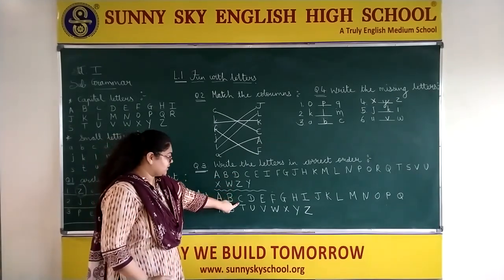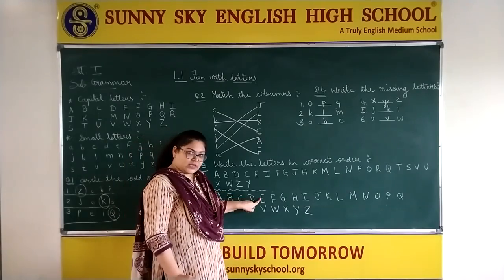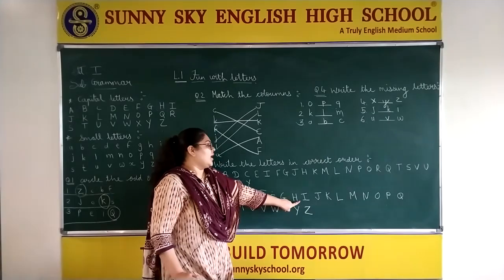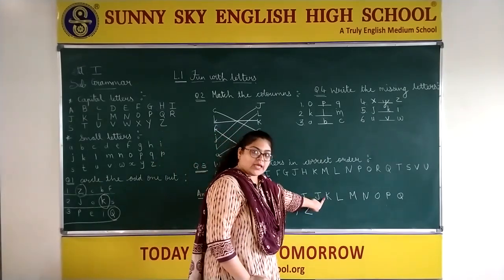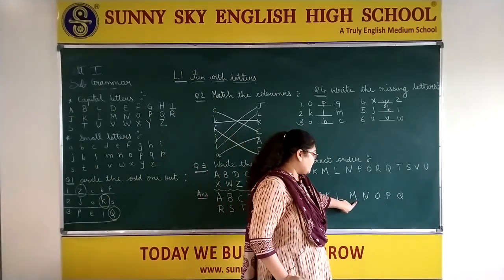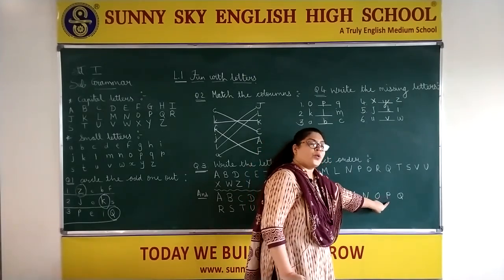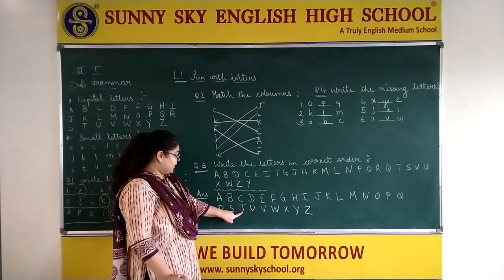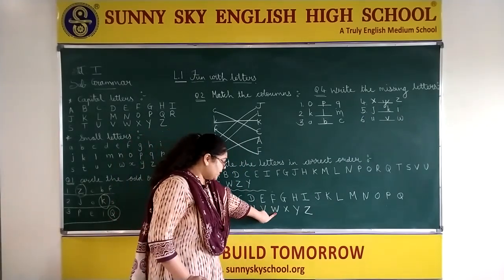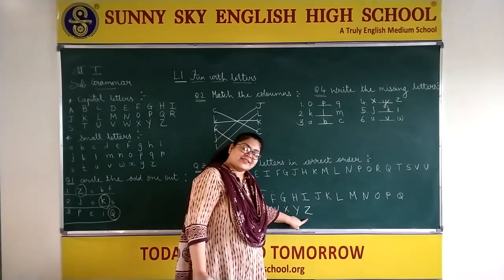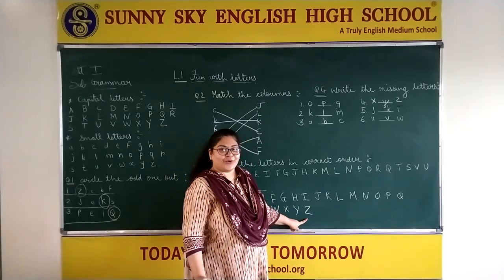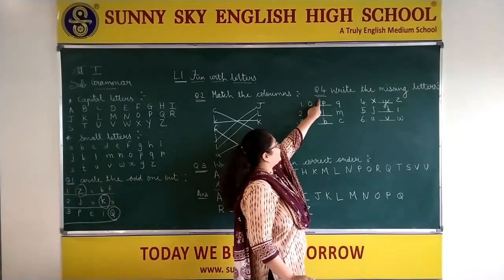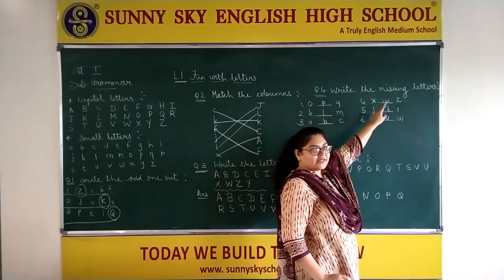So, we have written C, then D, then E, F, G, speak with me, H, I, J, K, L, M, N, O, P, Q, R, S, T, U, V, W, X, Y and Z. Now next question. Question number 4. Write the missing letters.